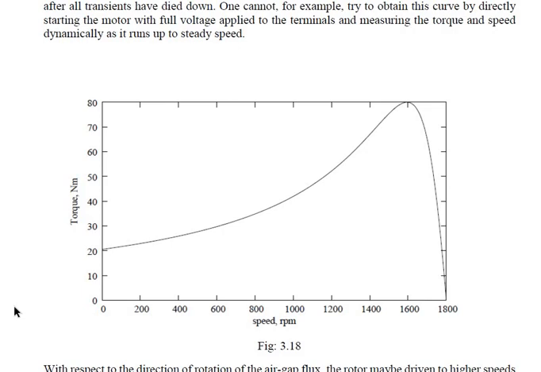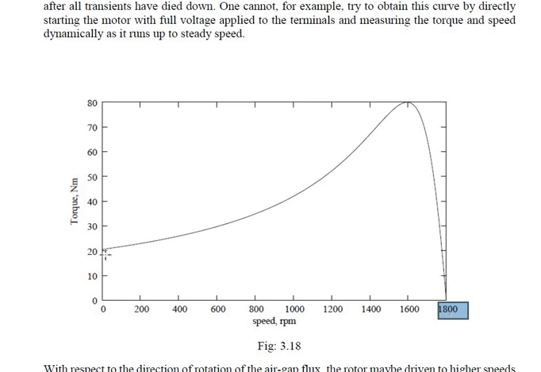Now the speed torque characteristics of the induction machine. At starting, some initial torque will be there at speed n equal to 0. As we gradually increase our speed till ns, here 1800 is our synchronous speed, and we all know that an induction machine never runs at the synchronous speed.